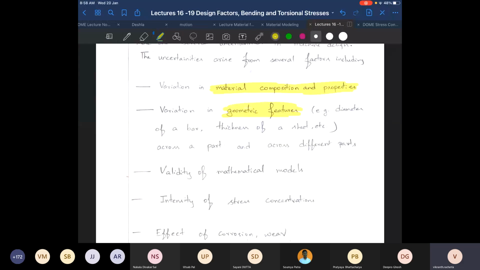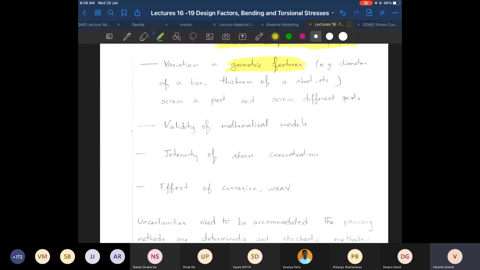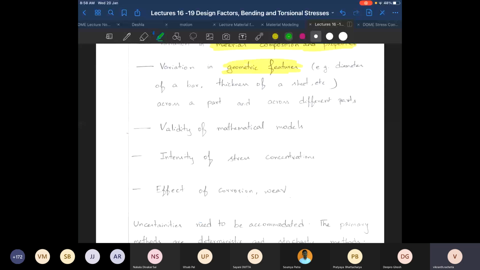And then, any material model you use is not perfect. There is always some deviation from the material model. Then theoretically you are computing some stresses within the problem, but because of different stress concentrators, the estimated stresses could be different from what is actually happening.